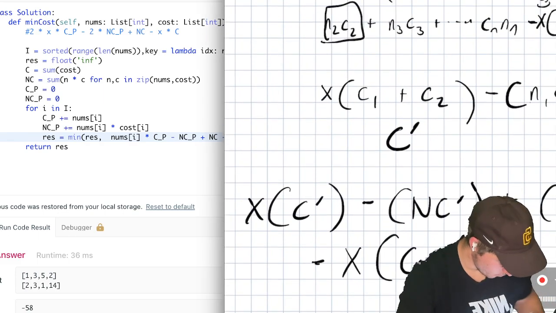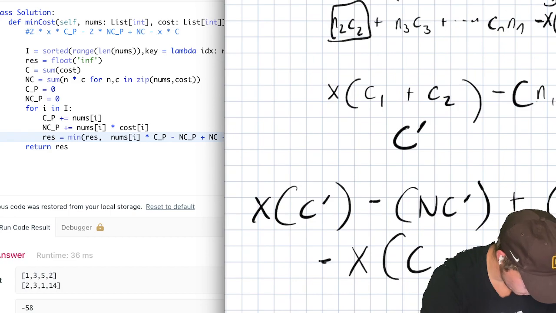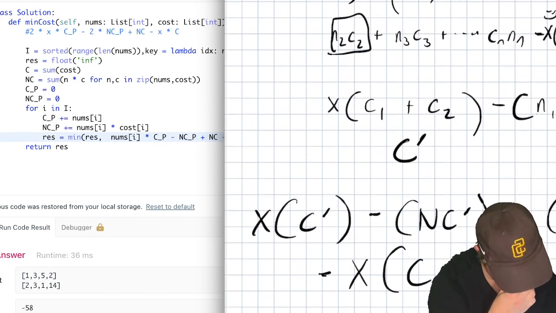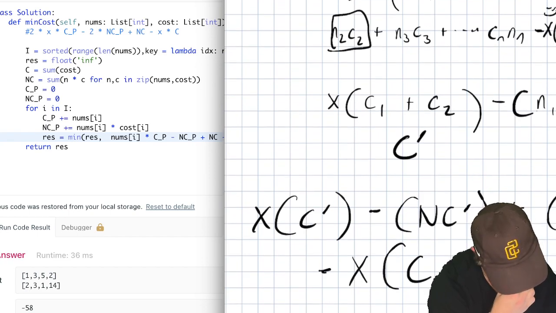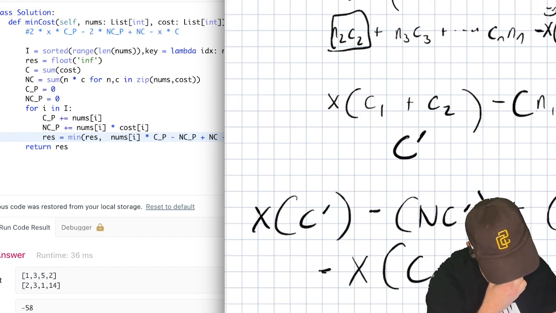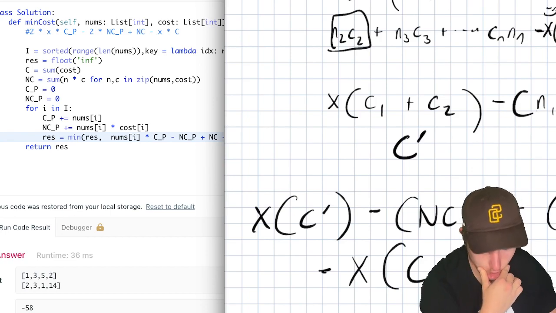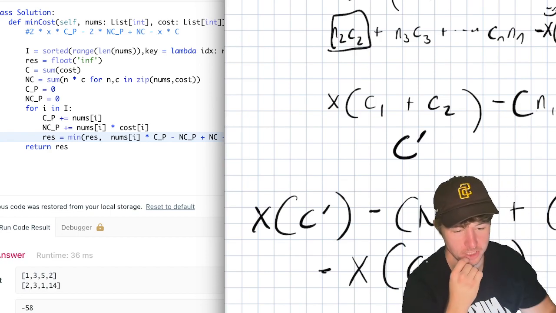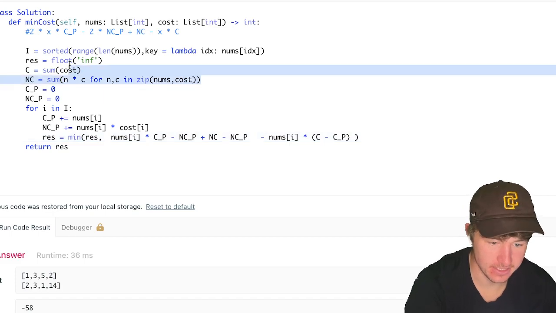Okay, let's make sure that I wrote this formula down right. So C prime, the whole thing, minus NC prime, because I calculated these too soon, right?